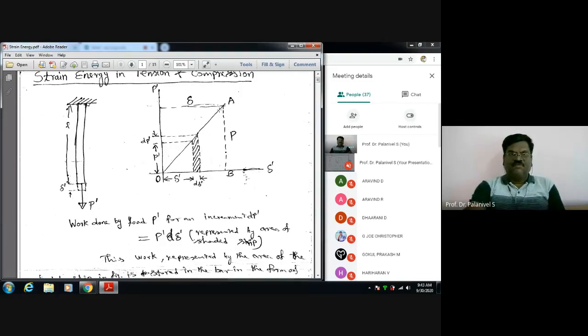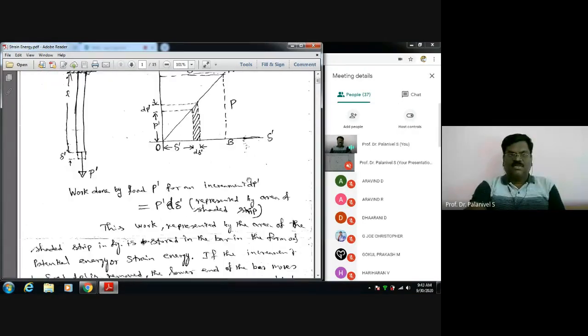You will be getting this full area. The area under this curve will be the total energy stored, right?